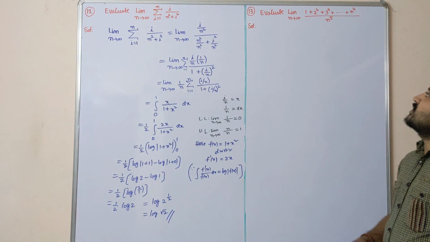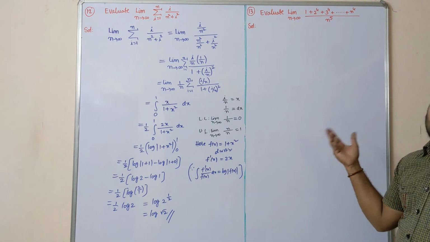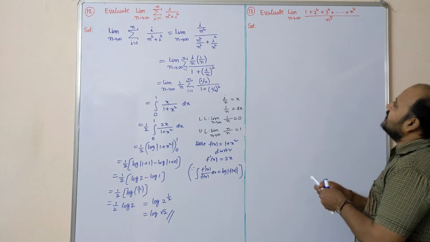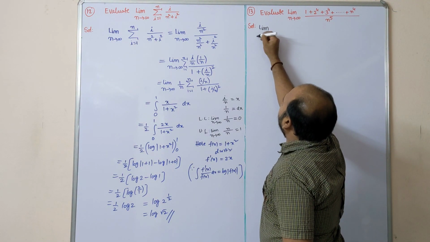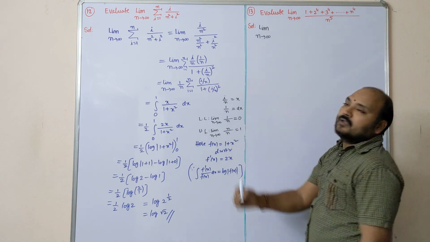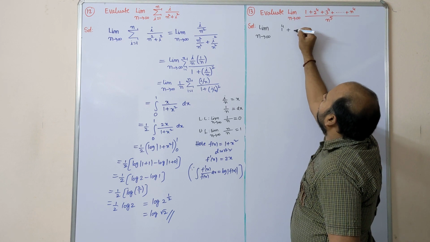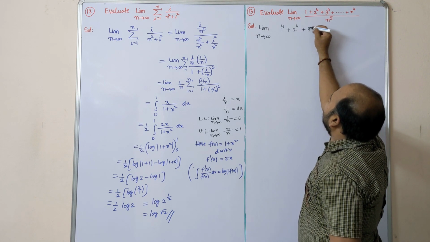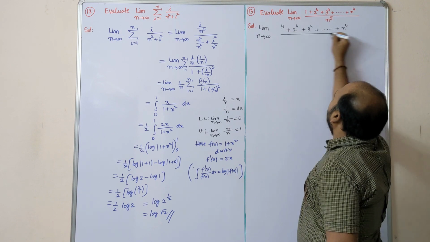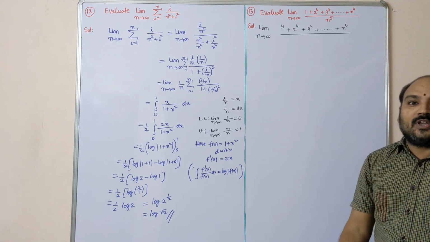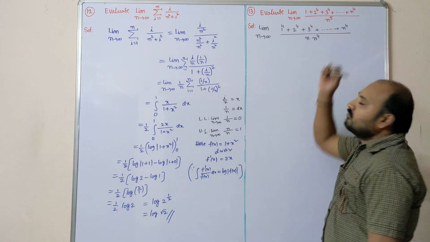We'll move on to question number 13. Here also 1 by n is not there, sigma also not there. We will make it. Limit n tends to infinity, 1 power 4, plus 2 power 4, plus 3 power 4, and so on n power 4, by n power 5, which can be written as n into n power 4.